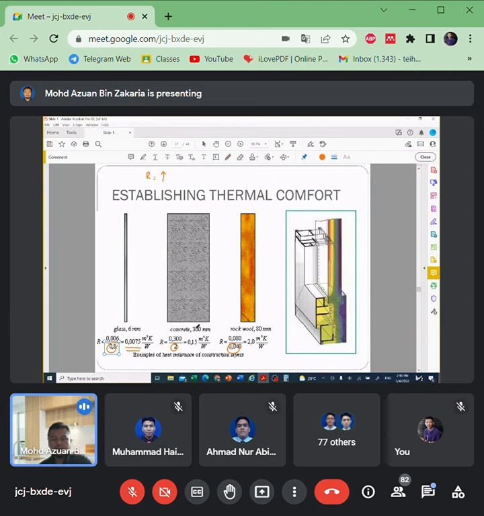Then we look at concrete. Concrete, 300 millimeter thickness with thermal conductivity of 2, so we get 0.15. Meanwhile, this is rock wool, which is insulation, only 80 millimeter thick, but it has a very small K value, 0.04. So what happened?